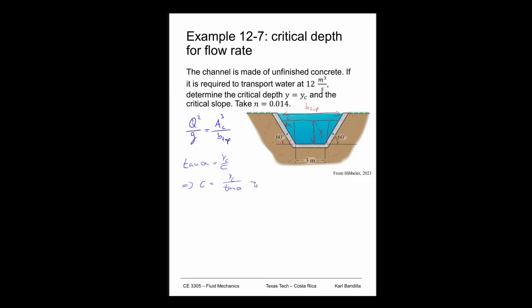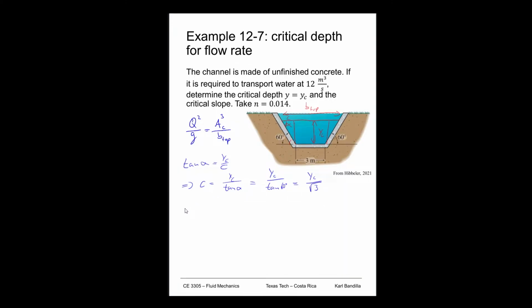In our case, we know alpha, so it'll be y_c over tangent of 60 degrees. And of course, we know what that is, so we can just say y_c divided by square root of 3. That is that little chunk there.